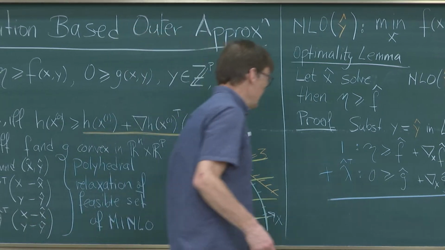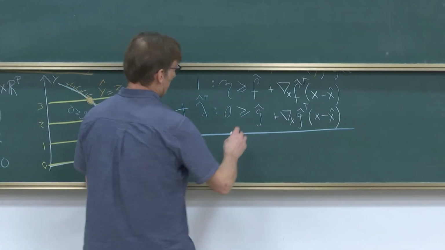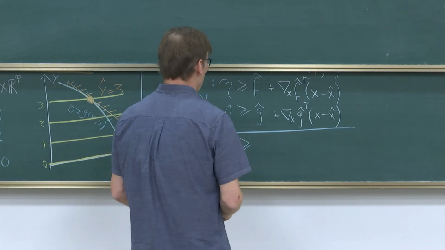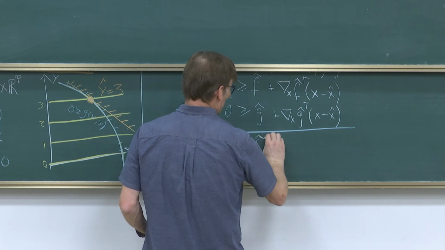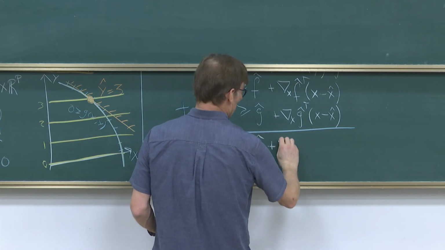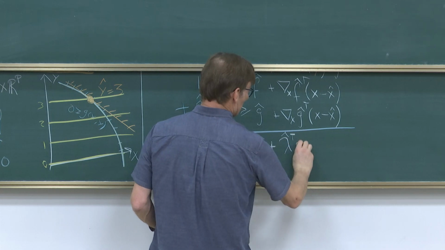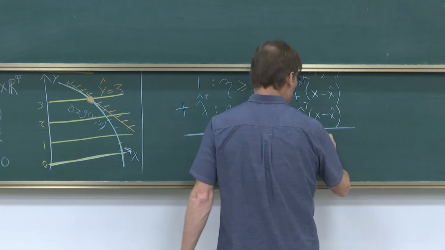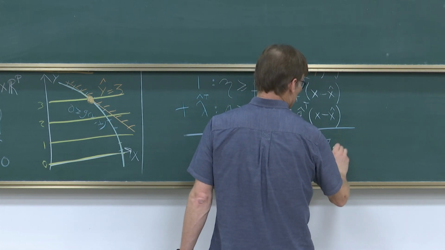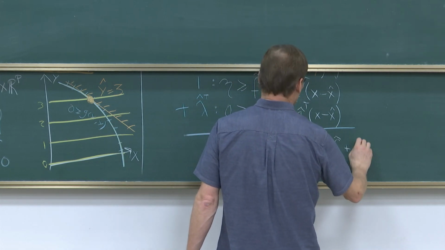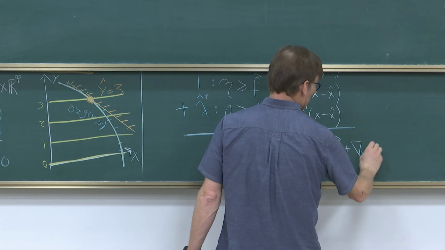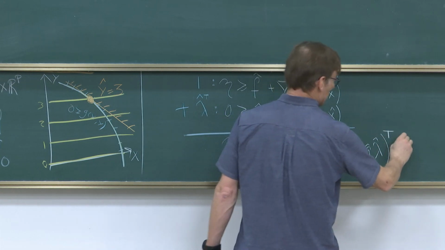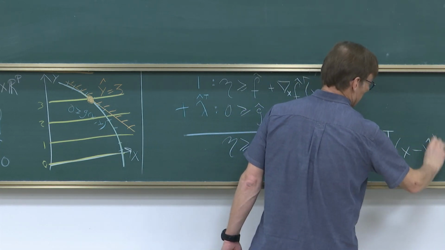And if I do that, then something miraculously happens. I get eta greater or equal to f hat plus lambda hat transpose g hat plus, and now I'm going to get a gradient term here, which is grad x f hat plus grad x g hat times lambda hat, all transposed, times x minus x hat.